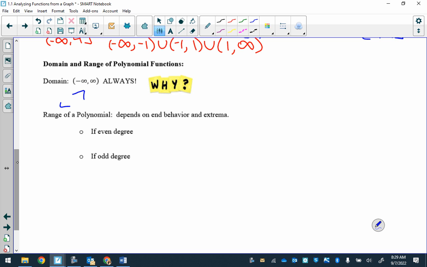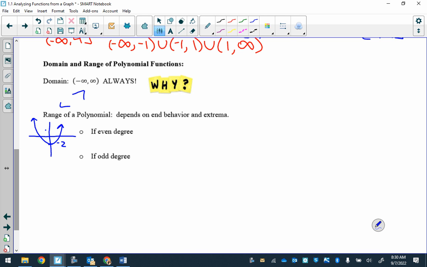So if I had this, what would the range of this function be? Careful. Least to greatest. -2 to infinity. Okay.